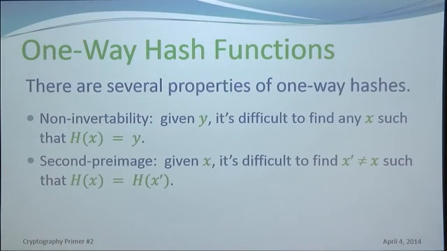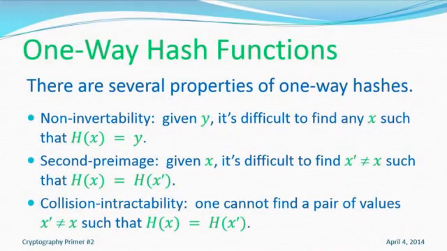So this is a stronger assumption, but there's even a stronger one. That's kind of the gold standard for hash functions, and that is collision intractability. That is that you can't find any collisions at all. This is something that has no practical value. It has tremendous PR value and has some value in our understanding of hash functions.